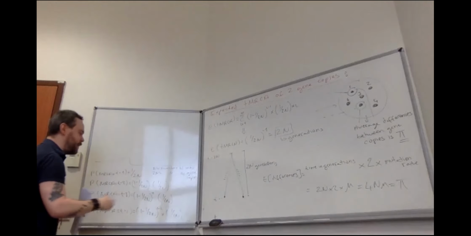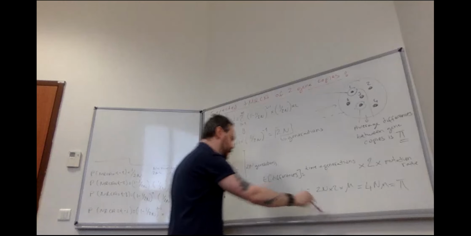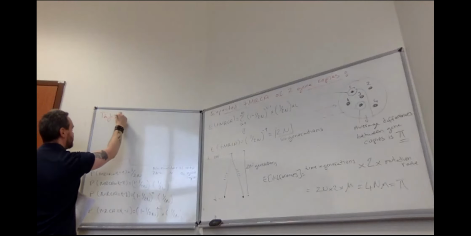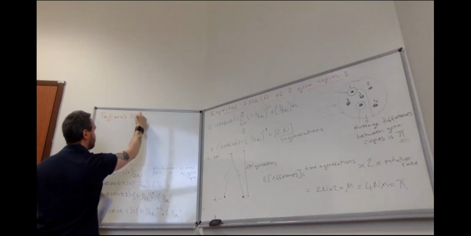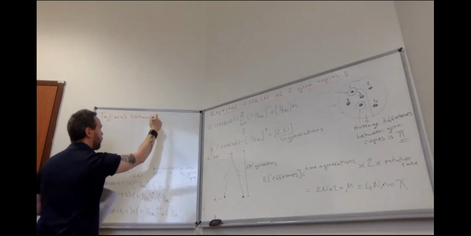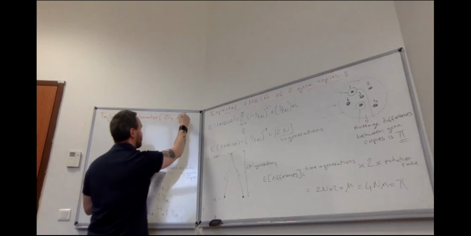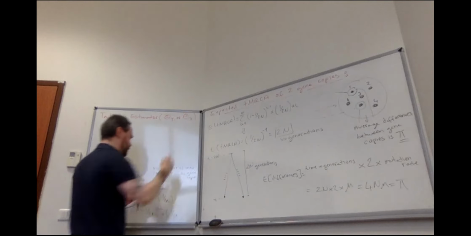And it was Tajima who first thought of this. So this is also known as Tajima's estimator, or theta t for Tajima, or theta pi. So this is that famous theta pi.